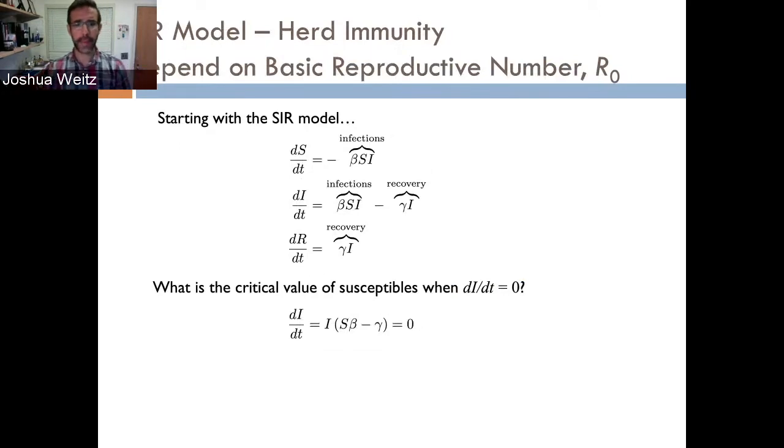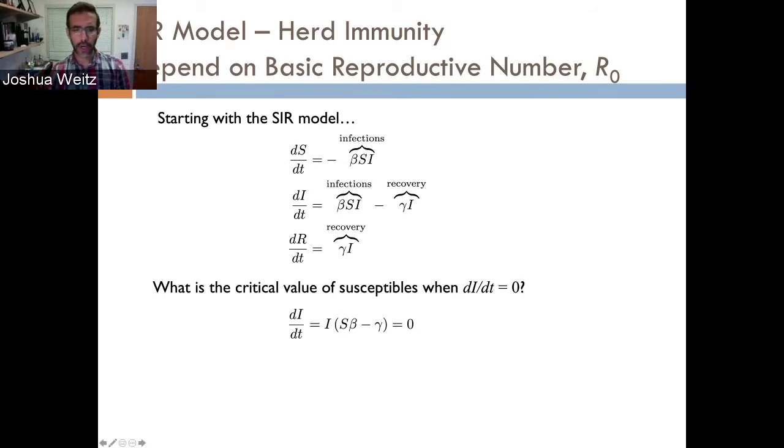How do we actually unpack this? How do we figure out when this peak time is? Well, if we look back at the equations for the change in the infectious individuals with respect to time, we can look for the moment when there should be no change. And that no change corresponds to the peak of the epidemic in the absence of behavior change and other factors.